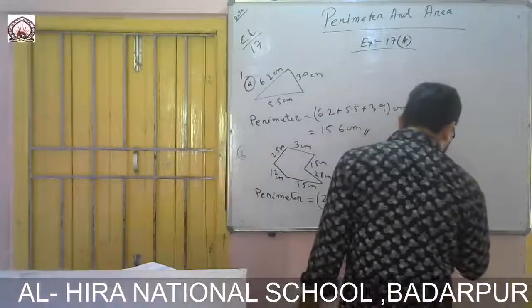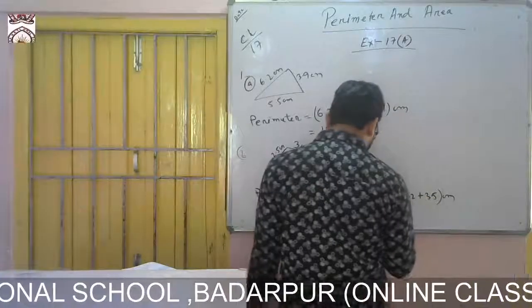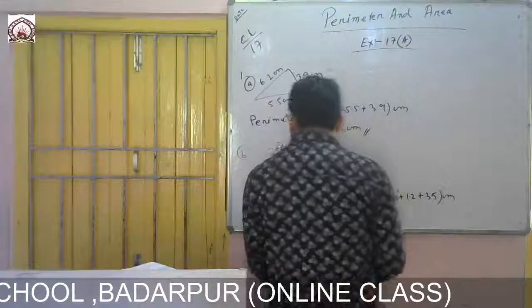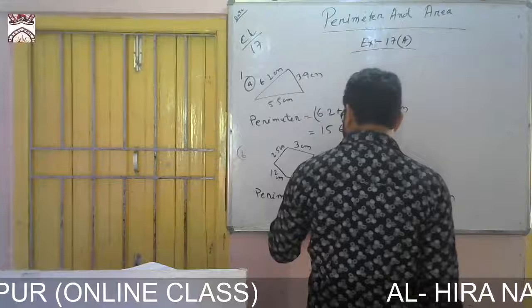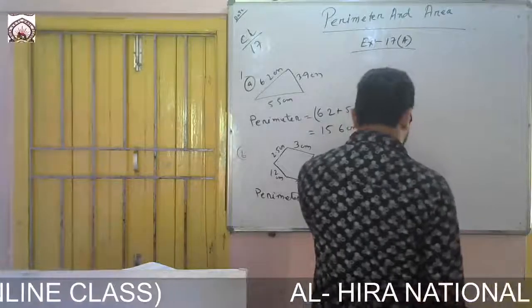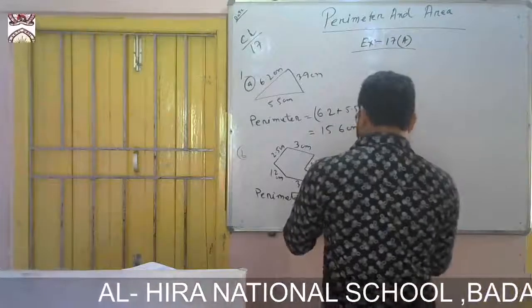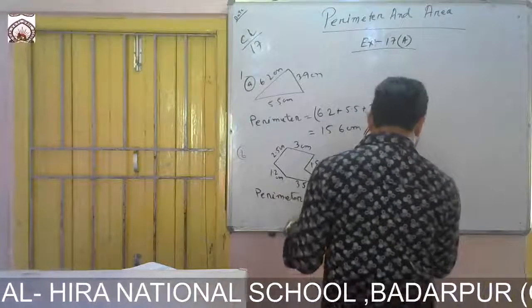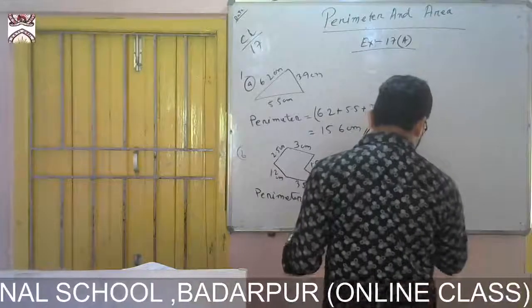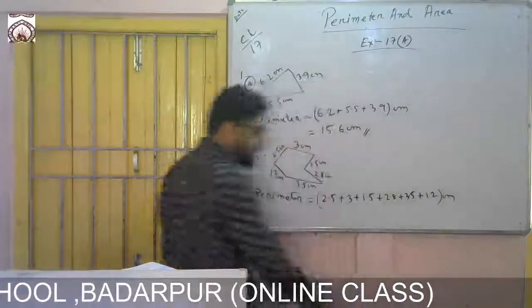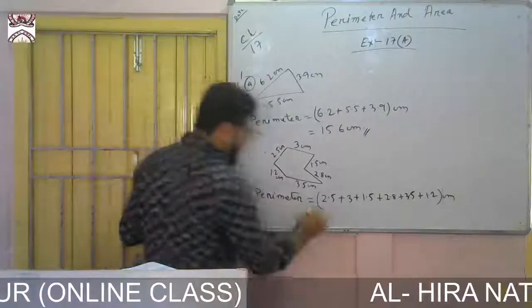So if you add all these, you will get the answer. 2.5, 3, 1.5, 2.8, 3.5, 1.2. So now add all this, you will get the answer.